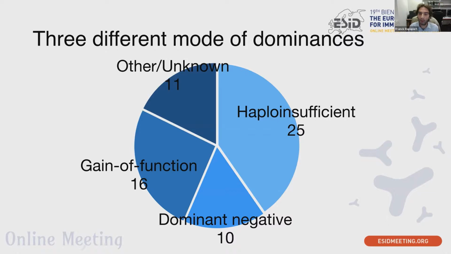A gene that underlies loss of function by haploinsufficiency means that the mutant protein is non-functional, and there's only half of the level of the protein that's functional, the wild type one, and that's not enough for the protein to be efficient, and that causes a disease. While the ones that act by negative dominance are genes where the mutant protein directly perturbs the function of the wild type protein.